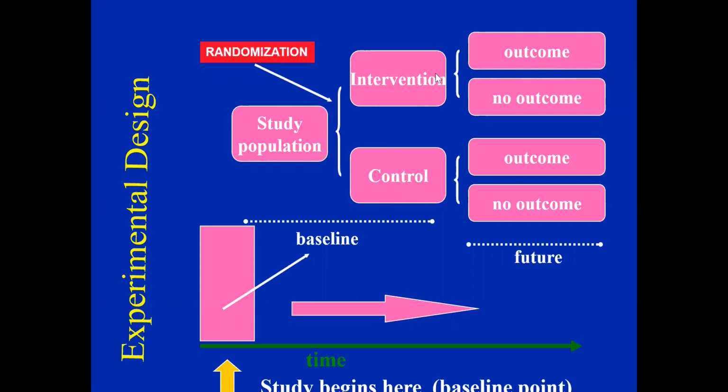So you'll be looking at whether they will have the outcome of interest or no outcome of interest. Then from there, you can do your analysis, whatever you want to compare. Remember, the whole purpose of splitting into control, intervention, outcome, no outcome is that we then have numbers in each cell, and you classify according to this. From there, you can calculate some measures of risk or disease frequency, which you can then use to see if there's a difference between intervention and control.